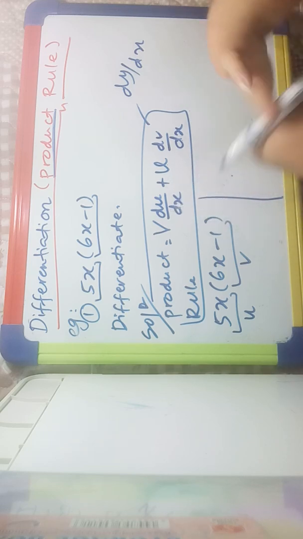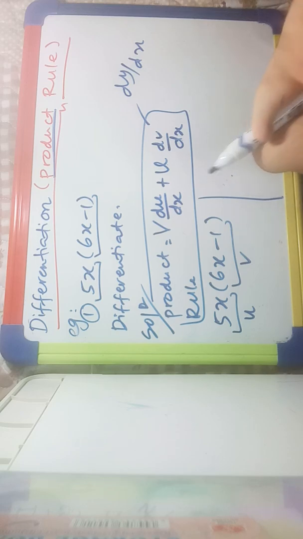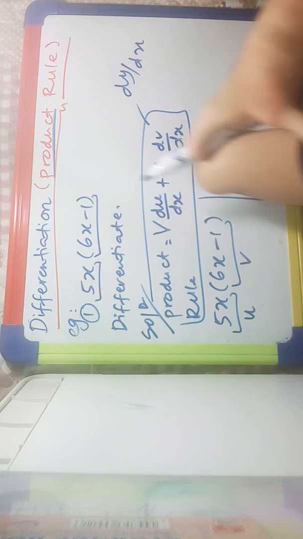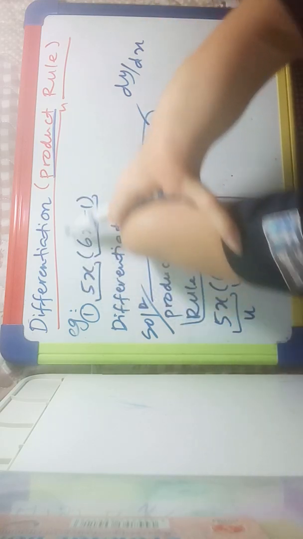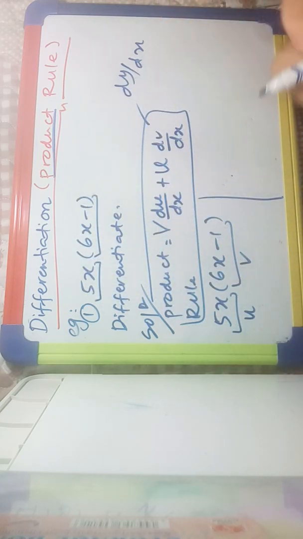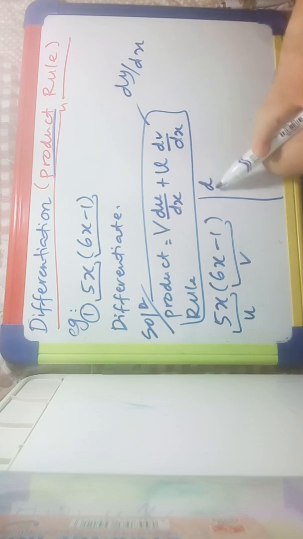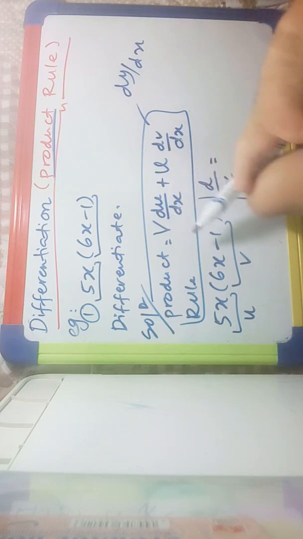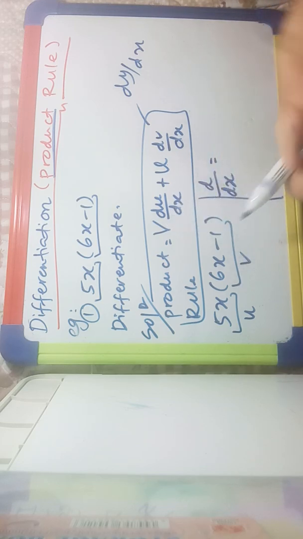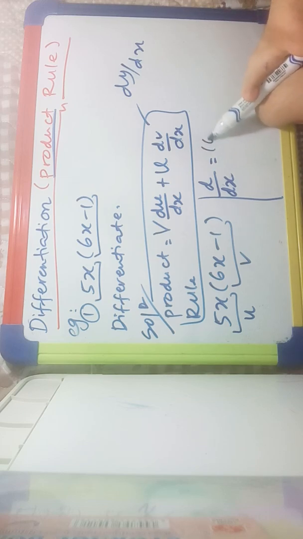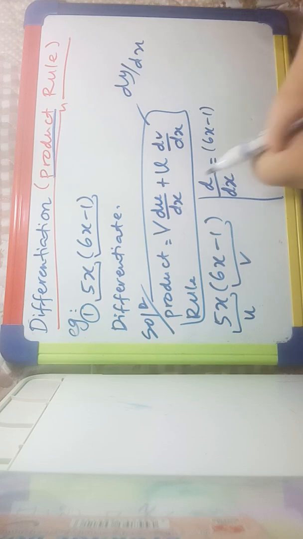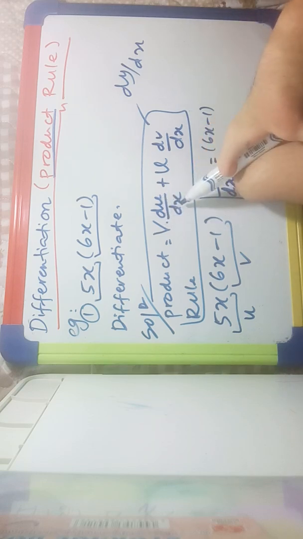In order to find the differentiation of 5x multiplied by 6x minus 1, since there is no y given, don't use dy over dx, but you can use d over dx. So d dx is equal to v. Which one is v? 6x minus 1. So I put here 6x minus 1, multiplied by du dx.